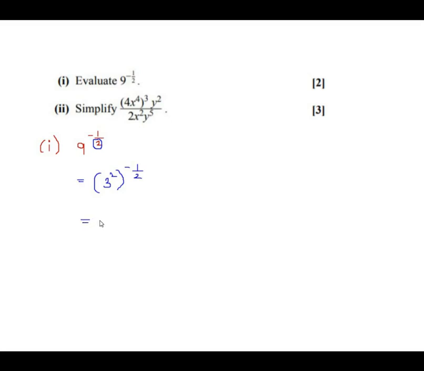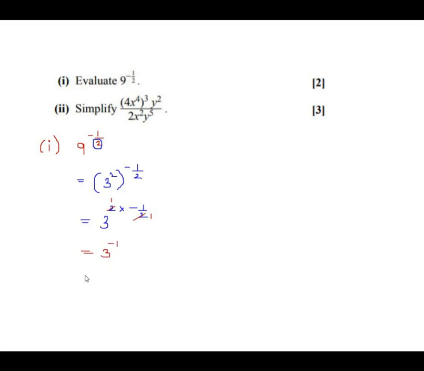Now, using the laws of indices, we know that we have to just multiply the powers. So 2 times negative half. When we are multiplying the fractions, 2 times negative half, this 2 one time, 2 one time, it gets cancelled. So you have 3 to the power of 1 times negative 1, which is negative 1.